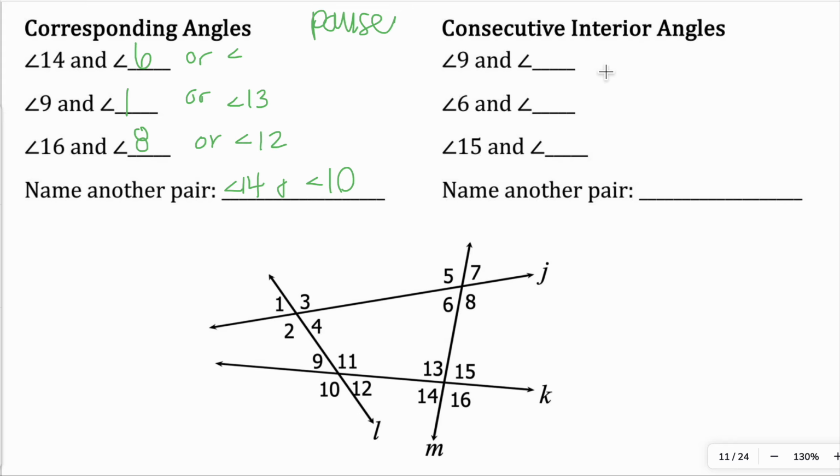Consecutive interior angles, there's only one correct answer for this one. So angle 9 and angle 2 are consecutive interior angles. Angle 6 and angle 13 are consecutive interior. And then angle 15 and angle 8 are consecutive interior. Another pair we could say is angle 4 and angle 11.